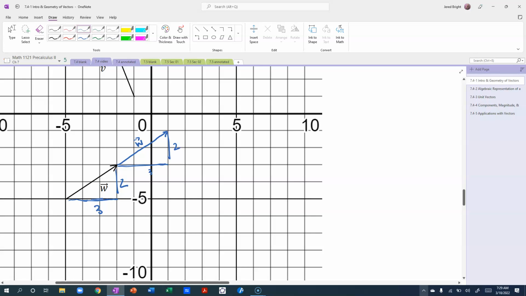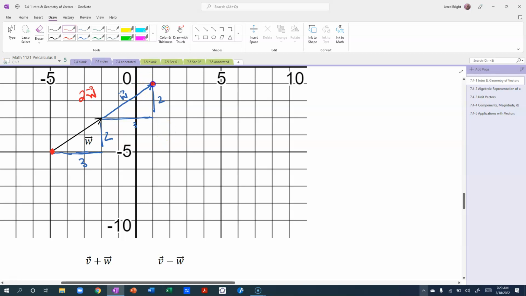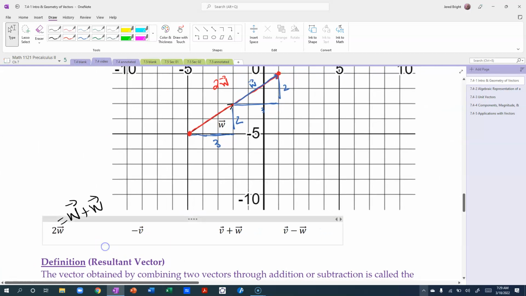But now in total, if I was looking at the vector 2w, and I'm going to do this in red, 2w would begin where I began with w itself, the first copy of w, and then extend to the very tip of the end of the second one, because a vector goes from initial to terminal. I actually don't care about the journey in between. So 2w would be this vector in red. That would be my answer geometrically for 2w.